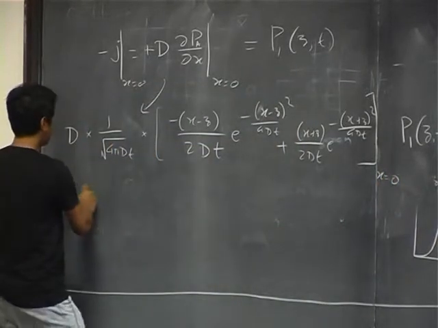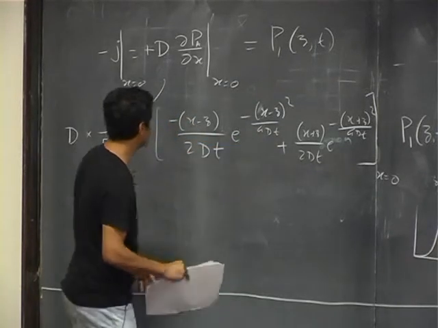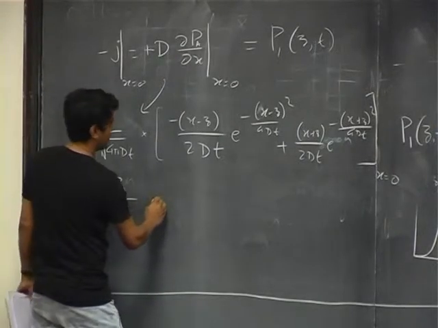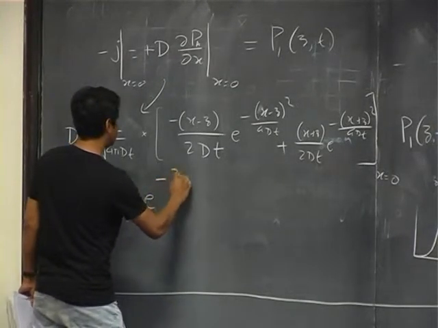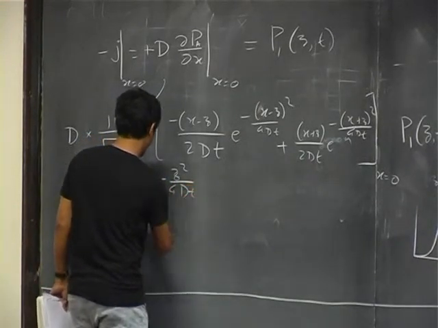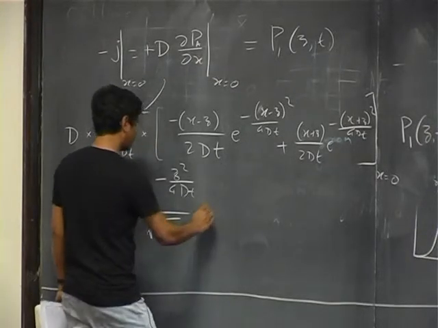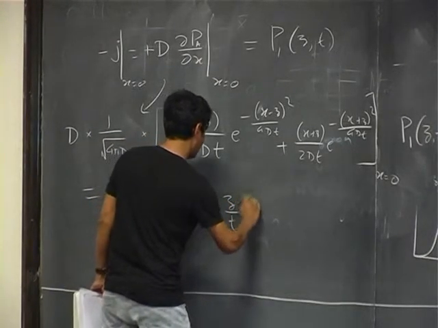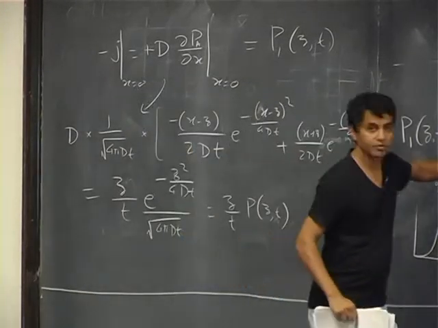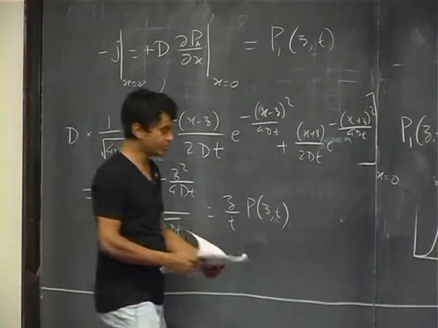If I do this, you can see that x is 0, so z plus z is 2z, and D cancels, so it's z by t times the exponential. Okay, so this is what we had started with. So this is a different way of deriving the same result.